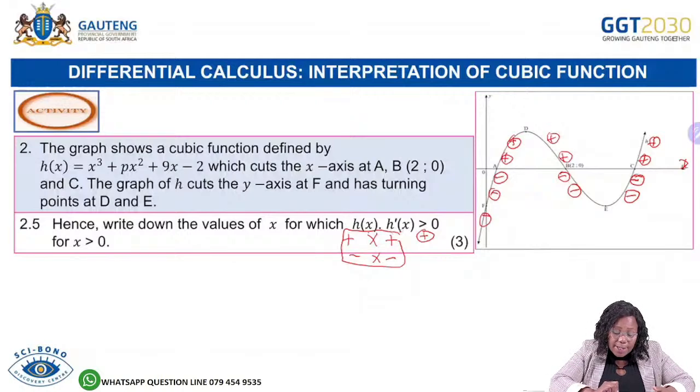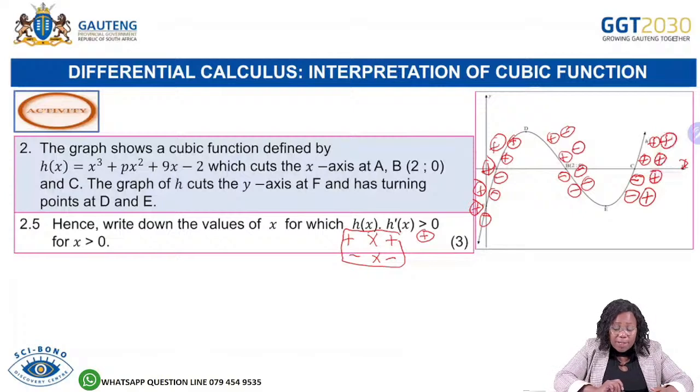And then gradient: increasing is positive. The increasing part is positive. The decreasing part is negative. And the increasing part is positive.